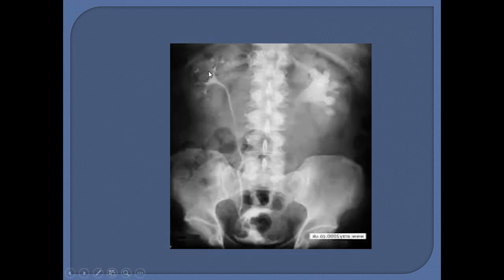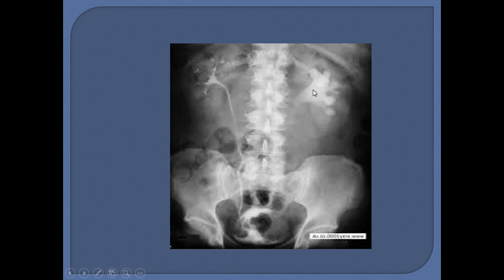This is the contrast study again, IVP, intravenous pyelography, in which we give urografin and we evaluate the function of the kidneys. On the right side we can see the normal pattern of papillae and calyces, then the renal pelvis, then the ureter, and it goes into the bladder.